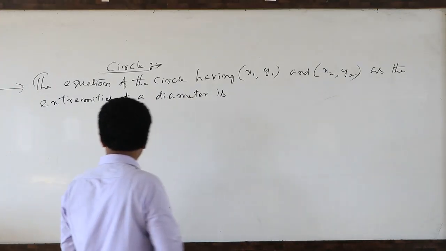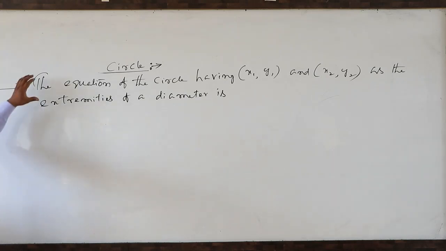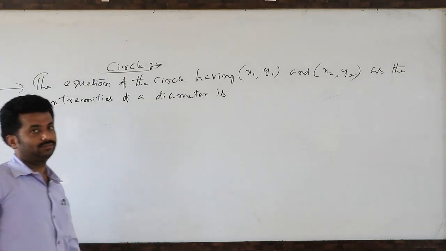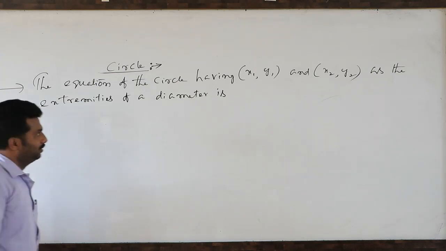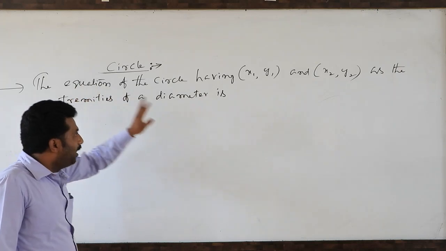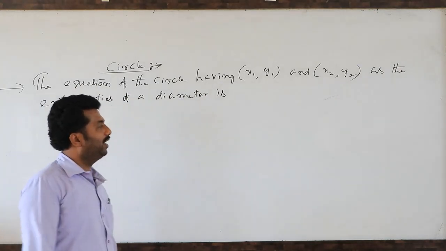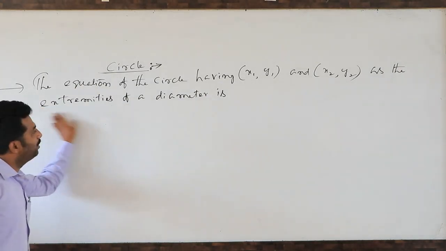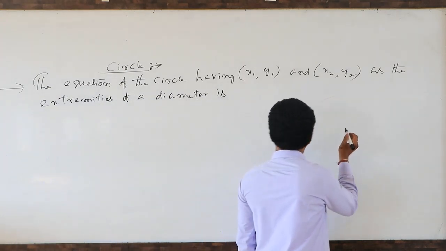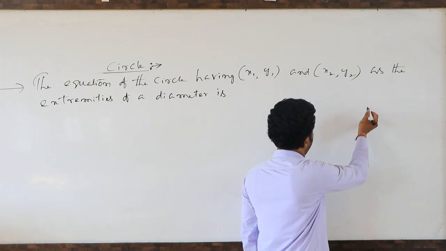So based on the extremities of the diameter of a circle, what is the equation of the circle? You observe. The equation of the circle having the extremities, two points are there. Extremities means end points of the diameter of a circle.